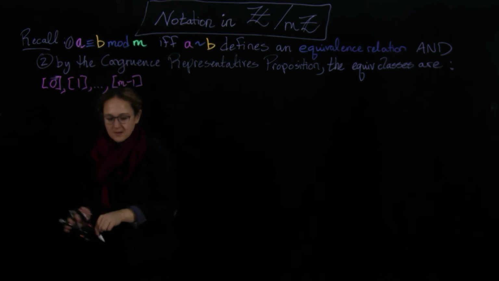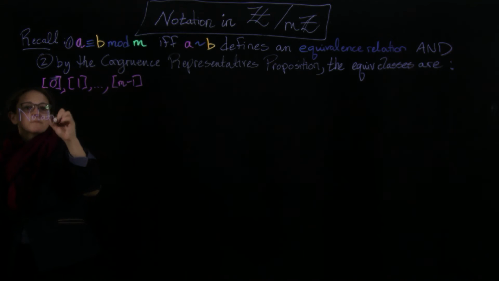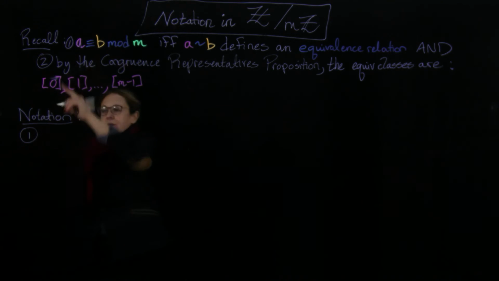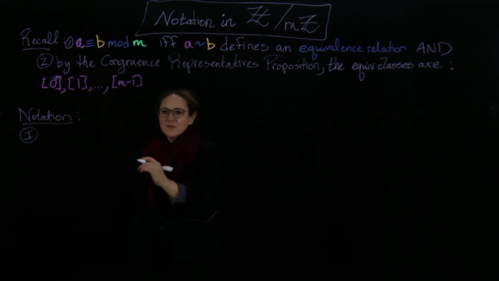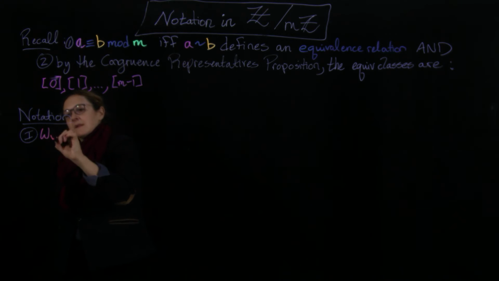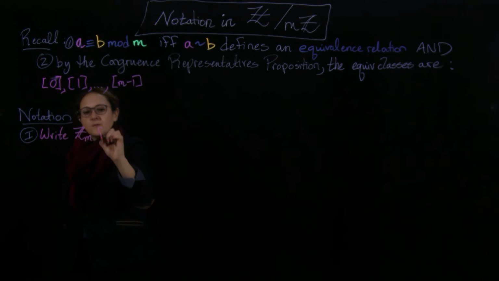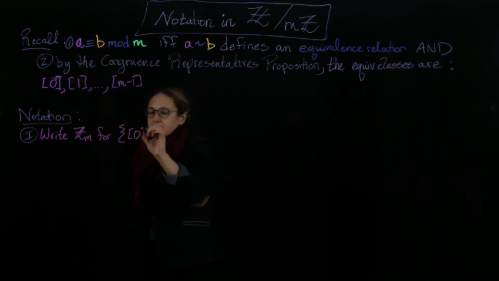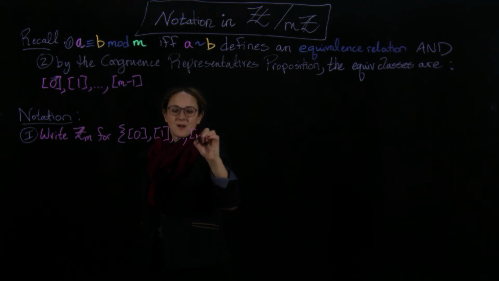So, notation. We're going to write Z_m for this set, which is 0, 1, and so on, this set of equivalence classes.